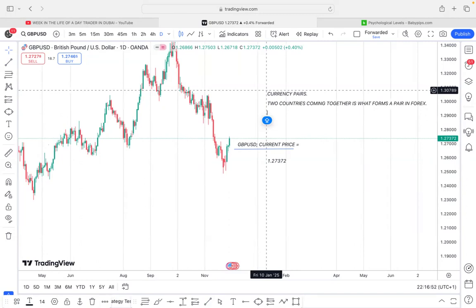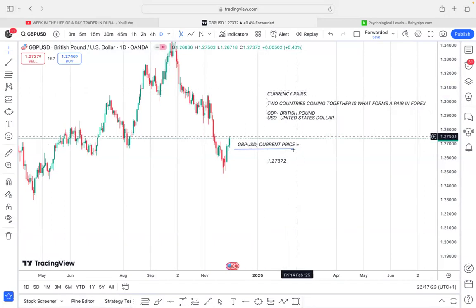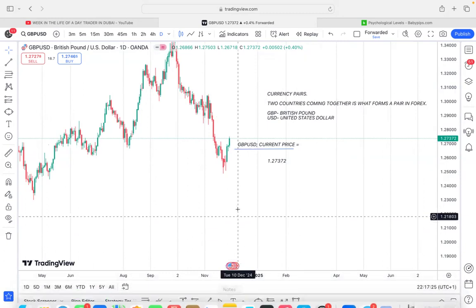So let me use GBP USD, which we are currently on, as an example. In GBP USD, we have two currencies: the GBP, which is the British pound, and the US dollar, which is the United States dollar. They came together.